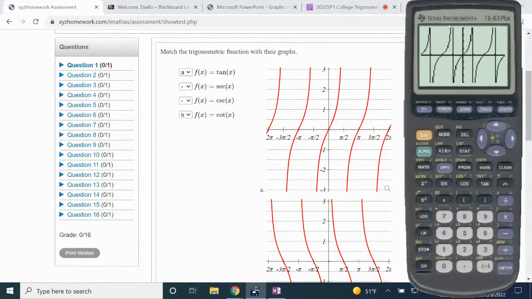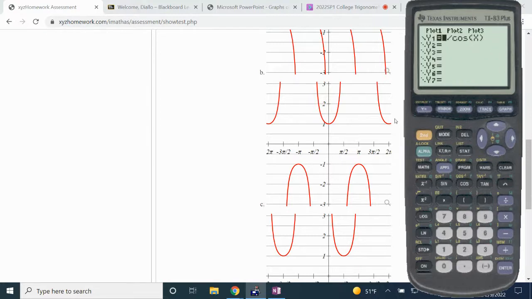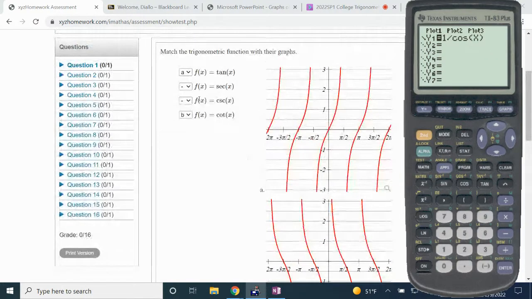We can graph the secant. Okay, remember the secant is 1 divided by the cosine. Right, so just remember that the basic secant curve actually hits the y-axis. So graph C would be a secant curve, because it actually hits the y-axis.